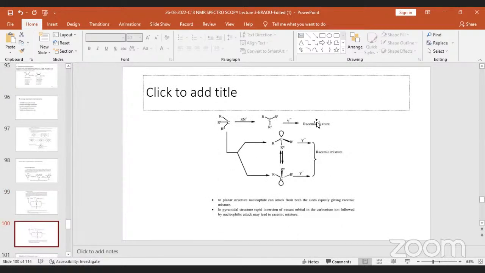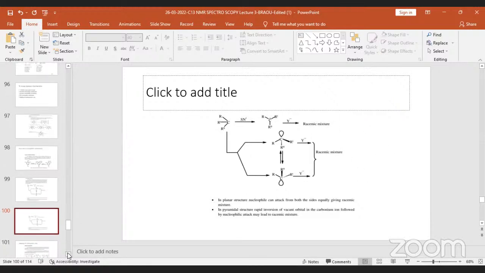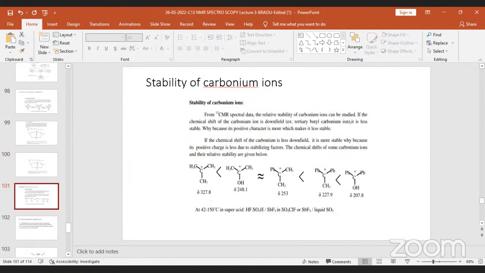This is the reaction that is going on. A planar structure is attacked by the nucleophile from both the sides. That will give you a racemic structure. That's a normal reaction which we have studied.